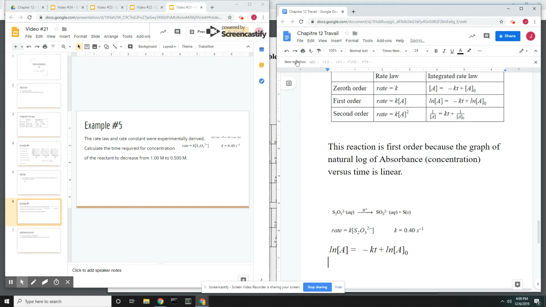Okay, so I am looking for time. My initial concentration is equal to 1.00 molar. And my final concentration is equal to 0.500 molar.